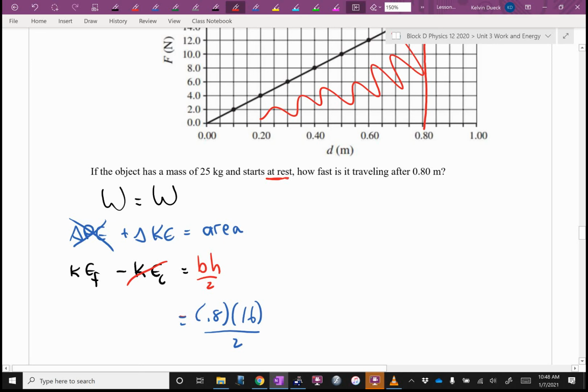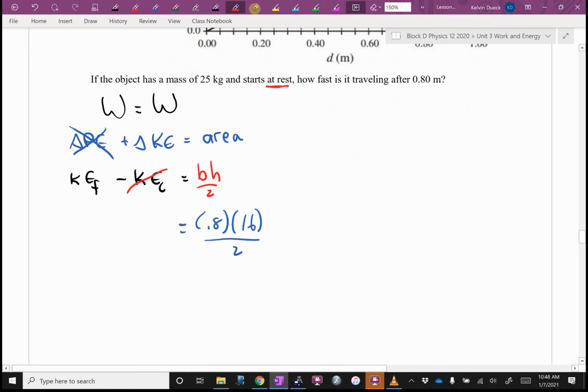Okay. And what's the equation for KE, for kinetic energy, for the energy of motion? Allie, what did this question ask me to find?